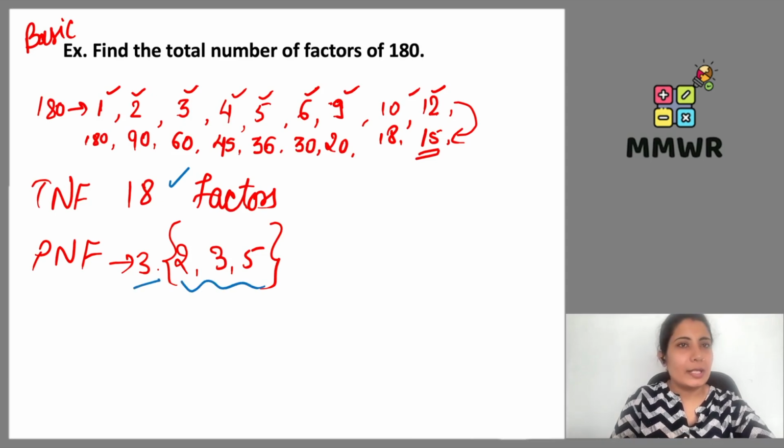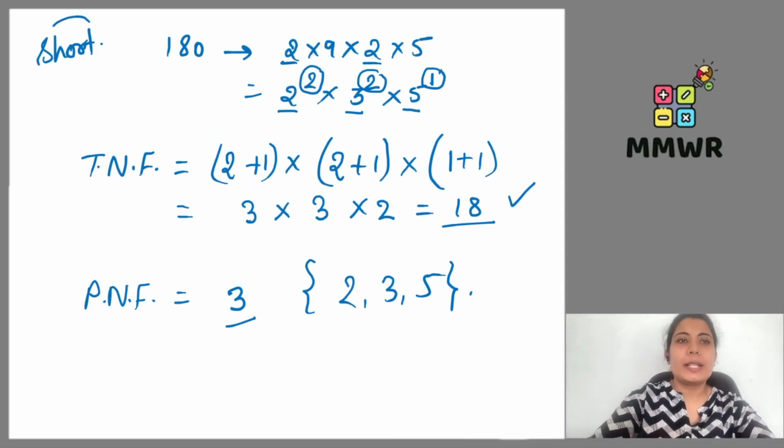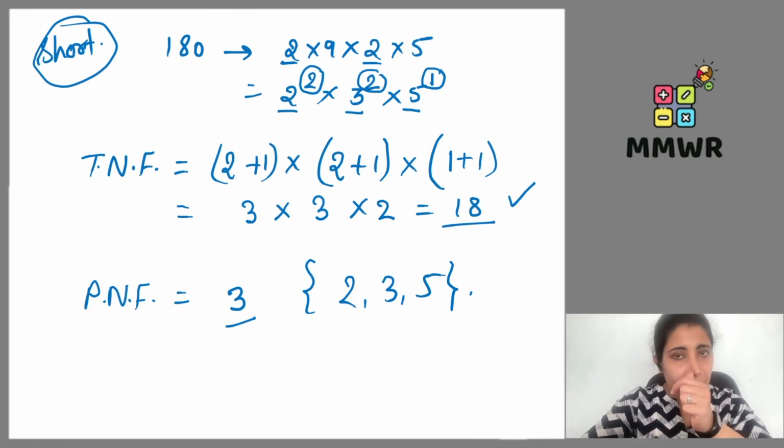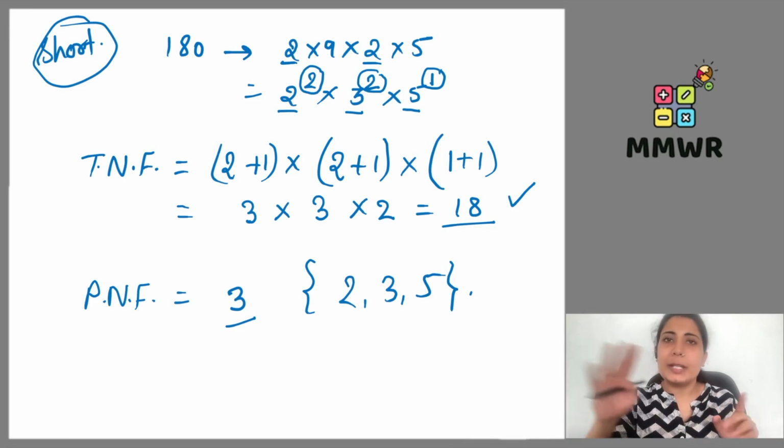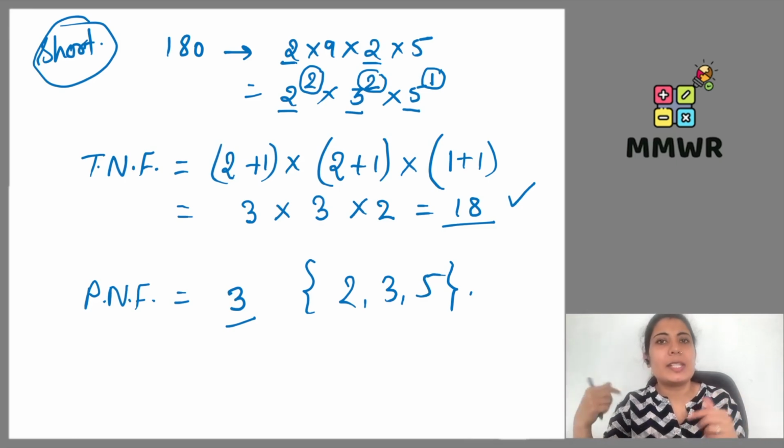Isn't it interesting? So this shortcut method is the savior for us for the big numbers. Whenever we have to calculate for big numbers, we have to do it like this. First, we will be finding the prime factorization for the given number. After getting the prime factorization, whatever powers are there, write the successor of each and multiply all of them.